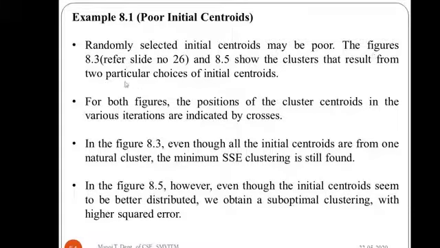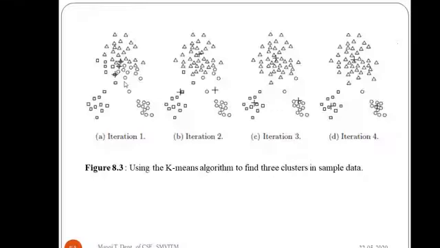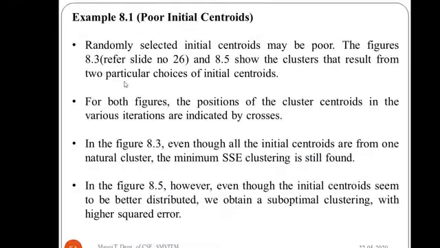Figures 8.3, which we have seen, and 8.5 show the clusters that result from two particular choices of initial centroids. For both figures, the positions of the cluster centroids in various iterations are indicated by crosses. In figure 8.3, even though all initial centroids are from one natural cluster, the minimum SSE clustering is still found.